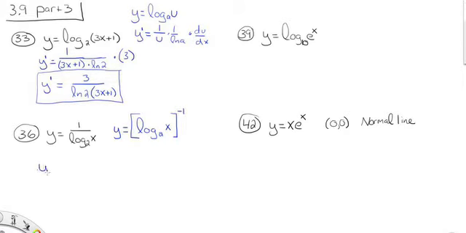Now I've got a chain rule dictating what I do first, which would mean I'd get negative 1 times log base 2 of x to the negative 2 power. So that's your outer function, negative 1, no change to the negative 2, times the derivative of logarithm base 2, which would simply be 1 over x natural log of 2, and since it's just x inside of the logarithm, there's no chain rule, and so we're done.